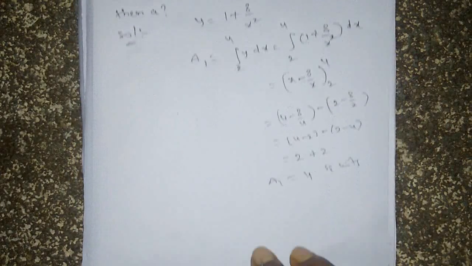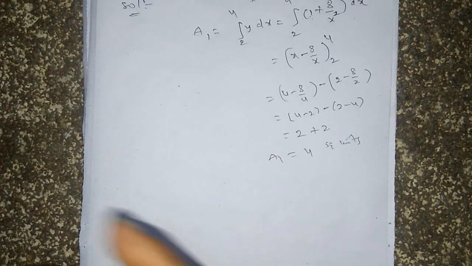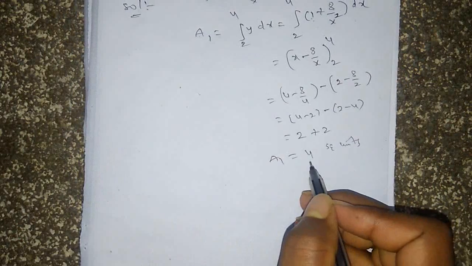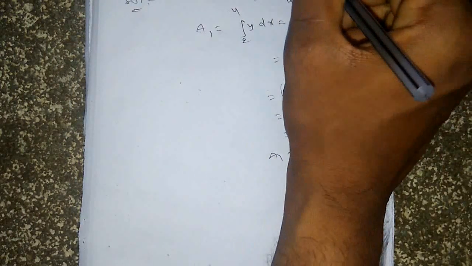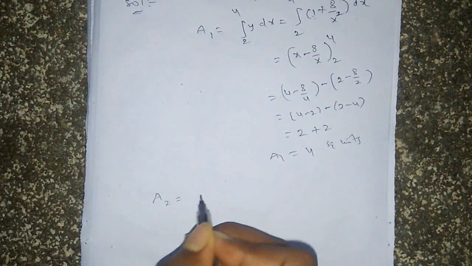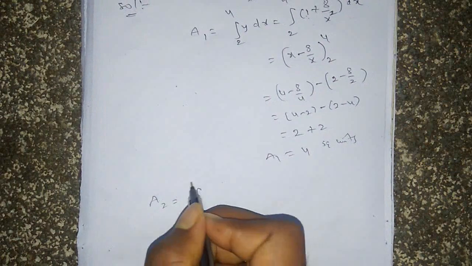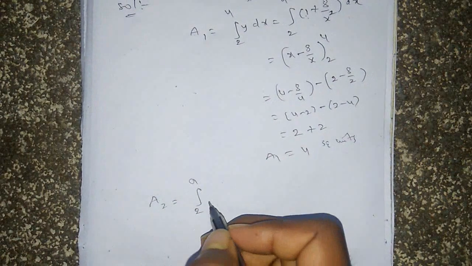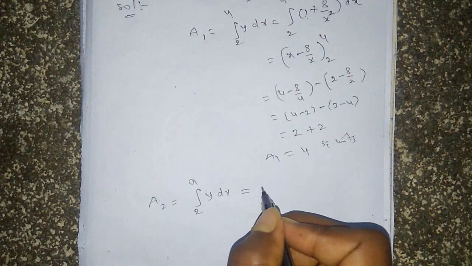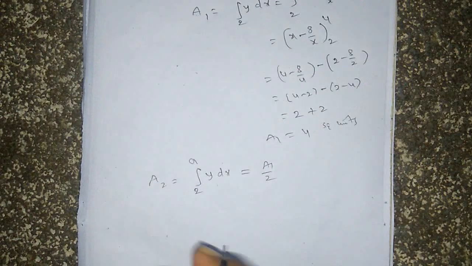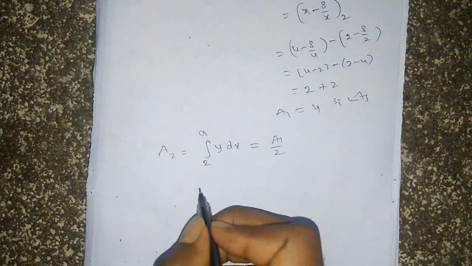Now this is the total area. So our ordinate x = a divides this area into two equal parts. That means A2 = integral from 2 to a of y dx = A1 by 2, half of the total area.